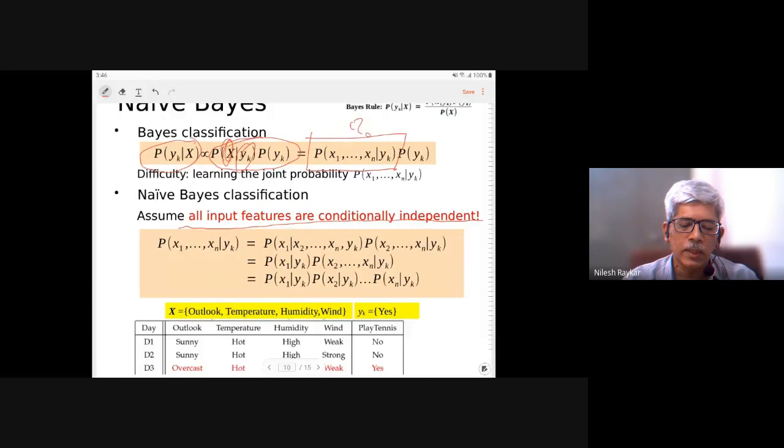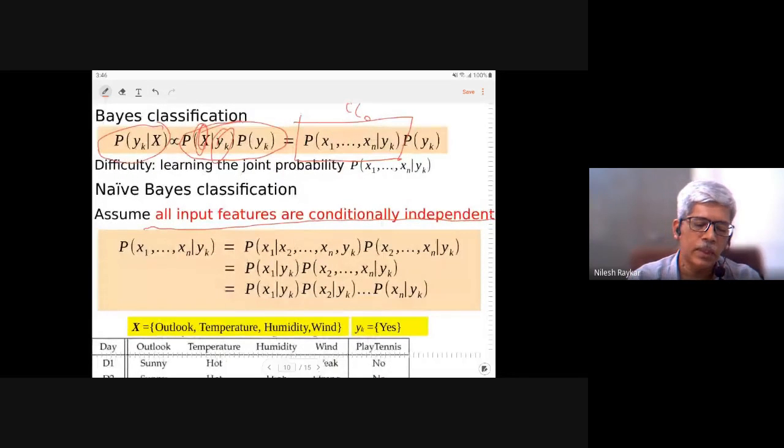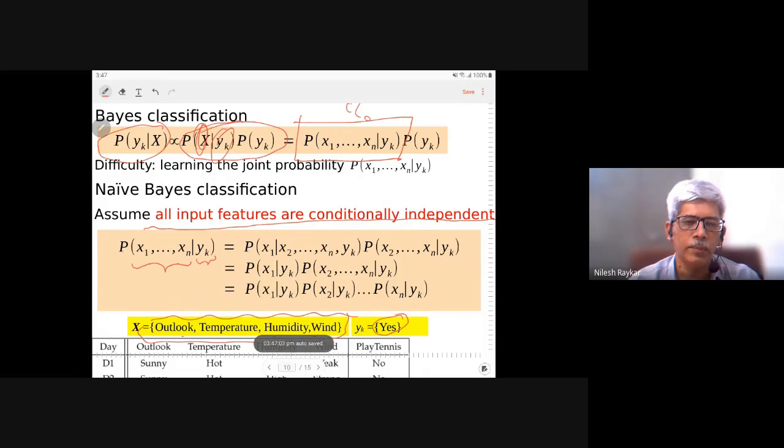Here, the term which we are trying to evaluate is the probability of having a certain pattern when there is a certain label. So what is the probability of having a certain pattern of climate when we want to play tennis? When we want to calculate that, it can be done by the probability theorem as follows.